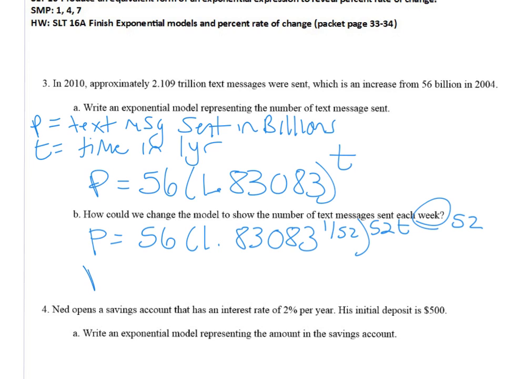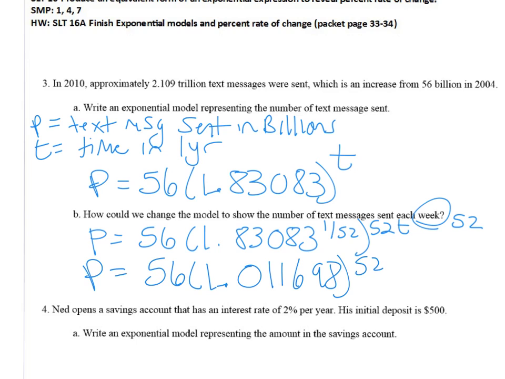So our new equation is 1.011698 to the 52t. So changing that to a percent, 1.1698% each week.